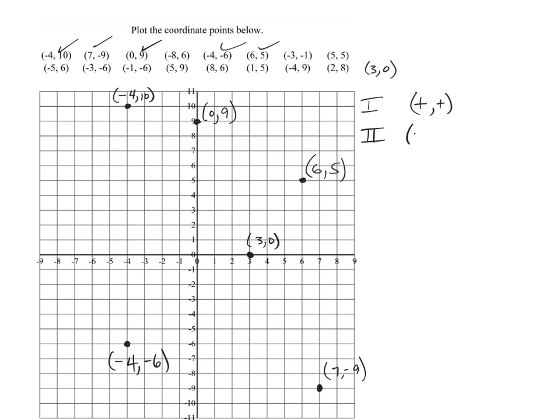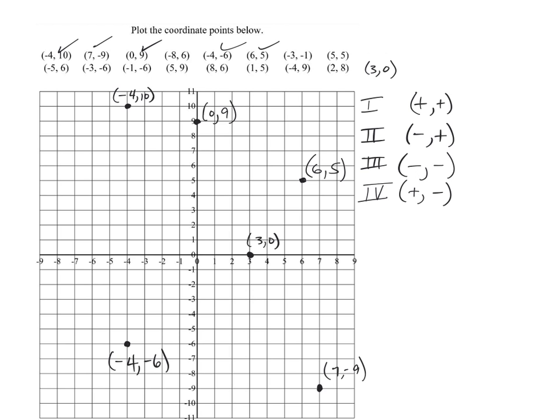Then in quadrant 3, every point will have a negative x and a negative y. Quadrant 4 will have a positive x and a negative y.